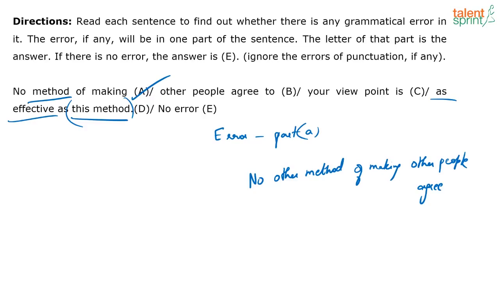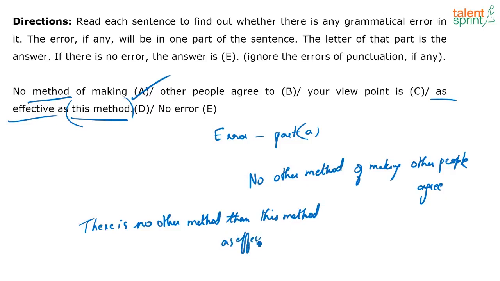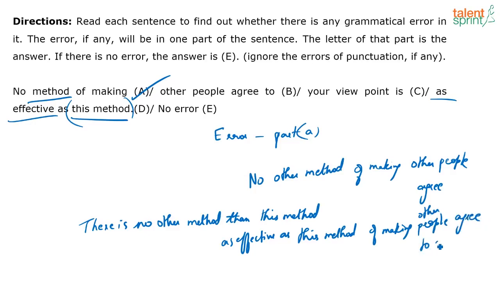Right? If I have to put this in context, let me rephrase this whole thing. There is no other method than this method, or like in our context saying there is no other method as effective as this method of making other people agree to your viewpoint.